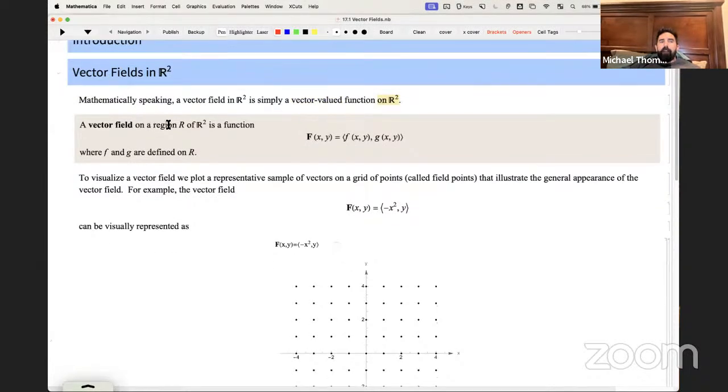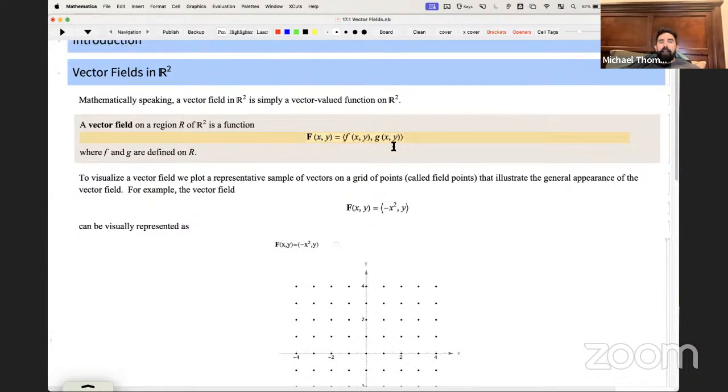So here it is, a vector field on a region R of R2. There's your vector valued function. You'll notice it takes in an X and a Y value in R2. So you give it an X and a Y value, you plug it into the first component and the second component, and it's going to pop out 2 components, and you have triangular braces around them, meaning the output is going to be a vector. That's why that's in boldface. Okay, so that's mathematically speaking what a vector field is.